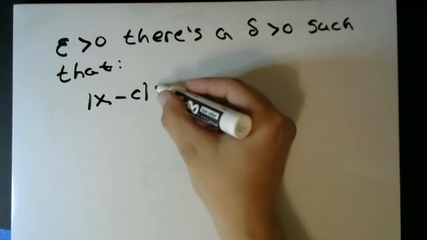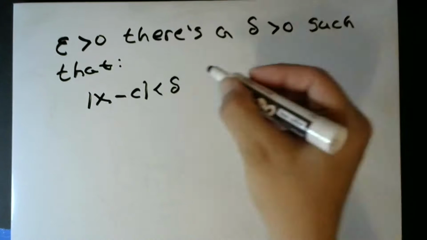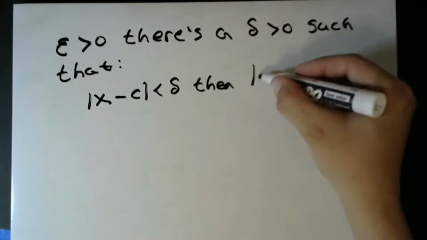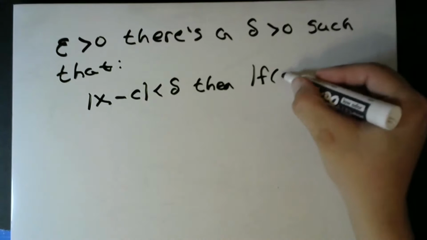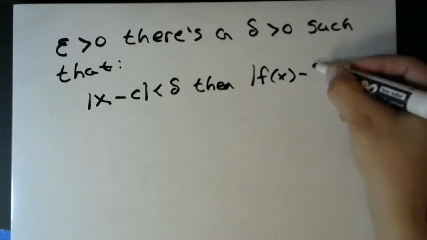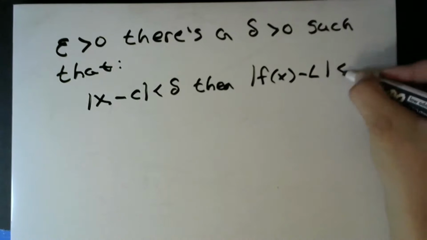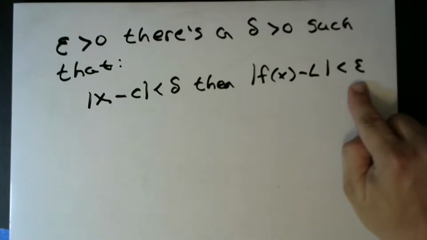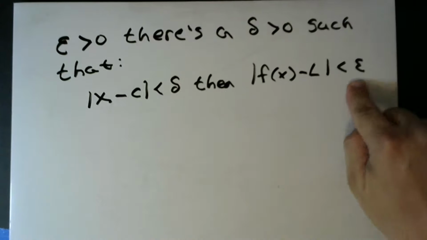C is going to be 0 in this case. When this is less than delta, then the distance between f of x and the limit is less than epsilon. And again, epsilon is just an arbitrarily small number.